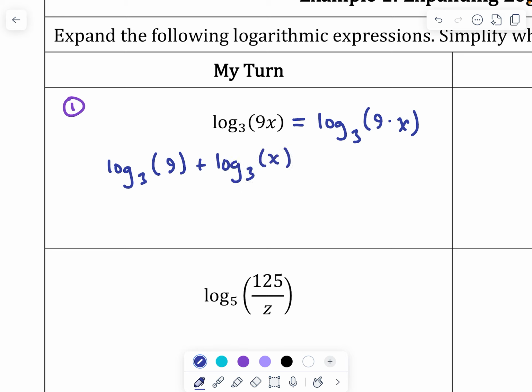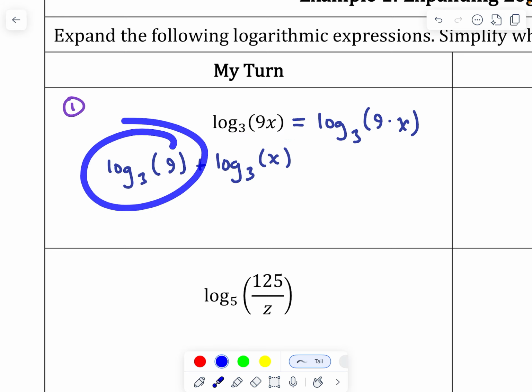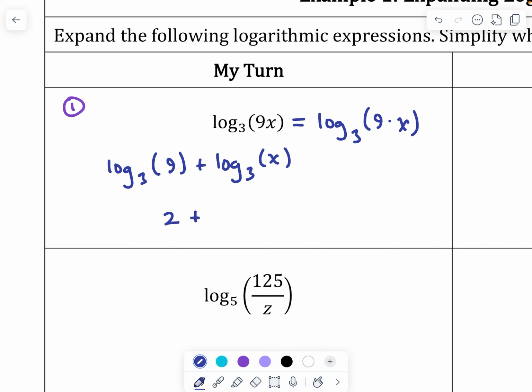So we can split this up from 1 log into 2 logs. Simplify when possible. What is log base 3 of 9? That is 2. So 2 plus log base 3 of x is going to be your answer.